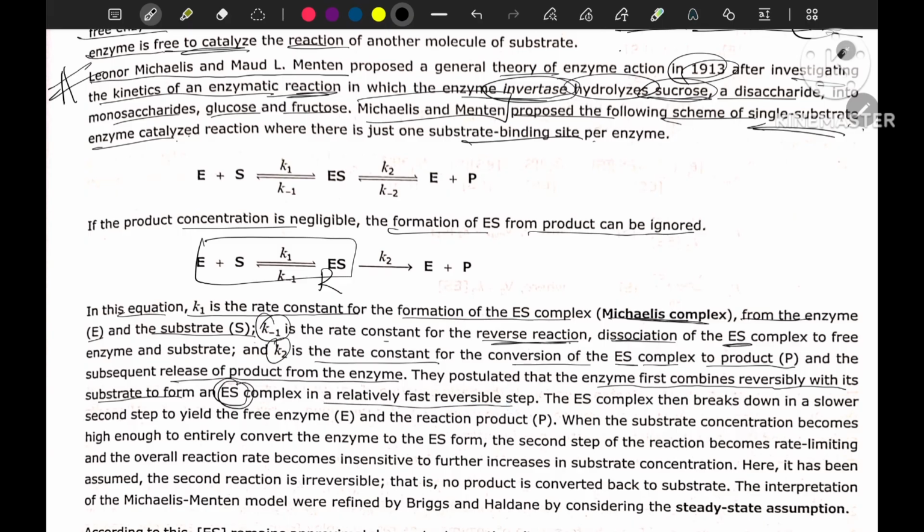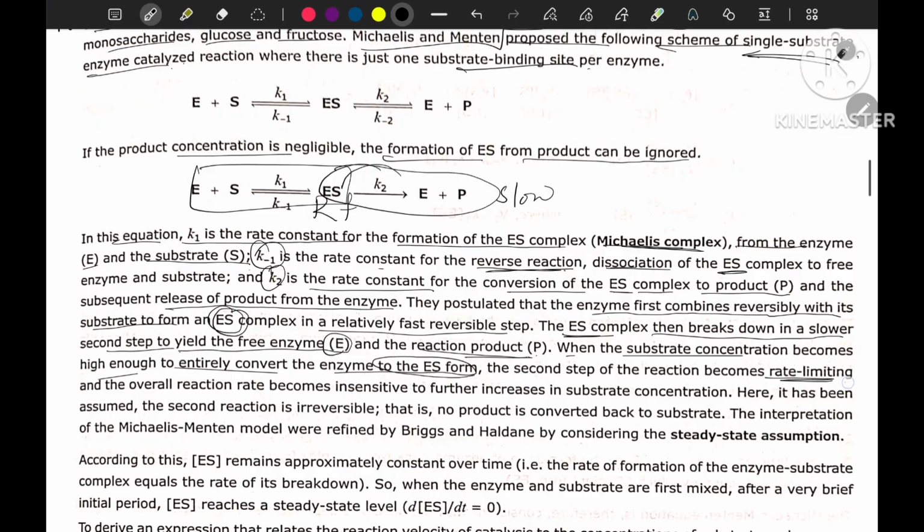In a relatively fast reversible step, the ES complex then breaks down in a slower second step. This is fast, but this is slow, to yield free enzyme and the reaction product. When the substrate concentration becomes high enough to entirely convert the enzyme to the ES form, the second step of the reaction becomes rate limiting.